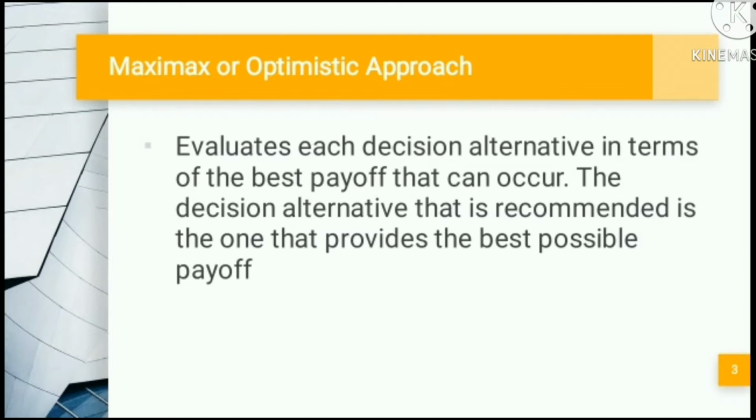The decision alternative that is recommended is the one that provides the best possible payoff. For a problem in which maximum profit is desired, the optimistic approach would lead the decision maker to choose the alternative corresponding to the largest profit. For problems involving minimization, this approach leads to choosing the alternative with the smallest payoff.